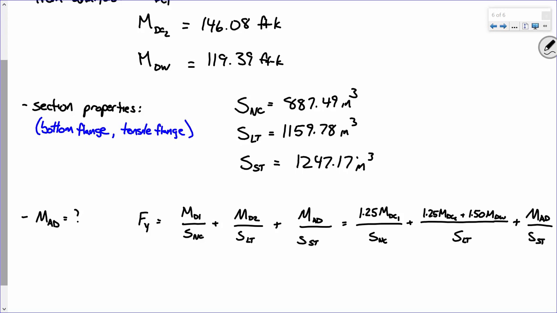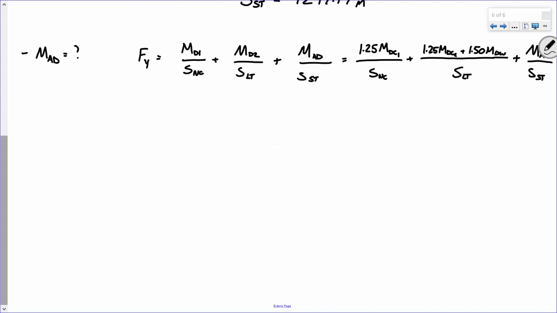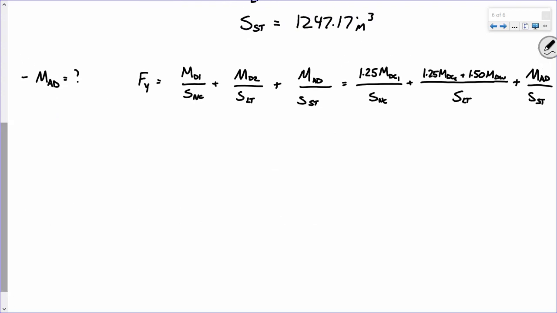Okay, let's plug and chug a little bit. What is the yield stress? It's 50 KSI, right? Now that's kips and inches, right? Sound good? So let's look at our moments. What do we have? 50 KSI equals 1.25 here.